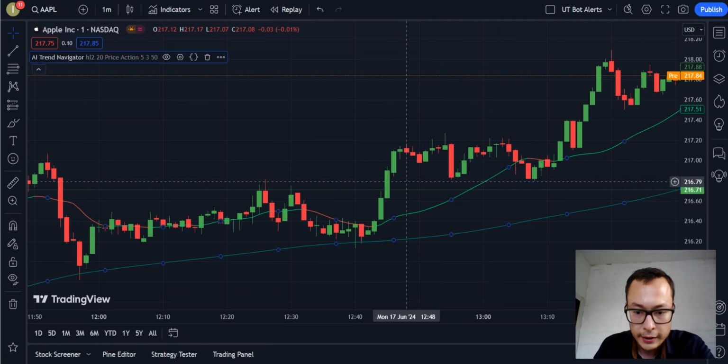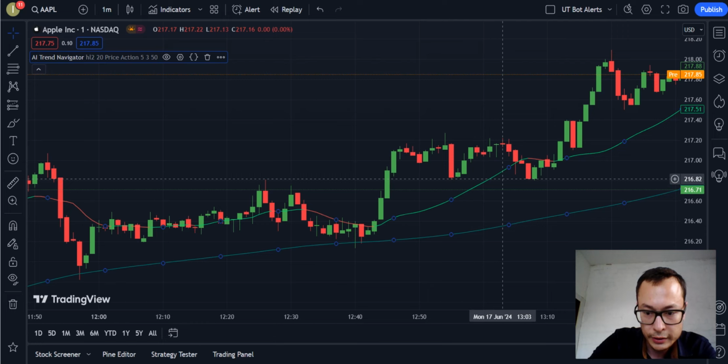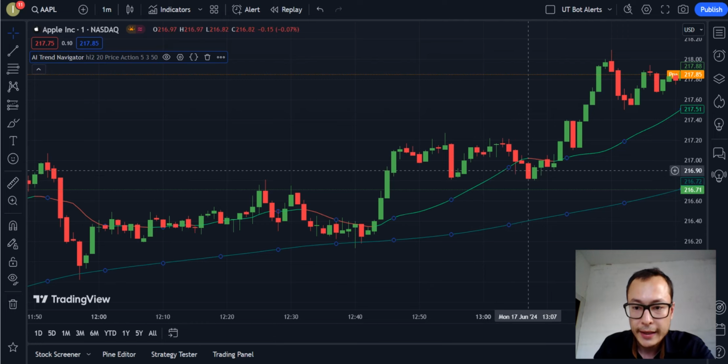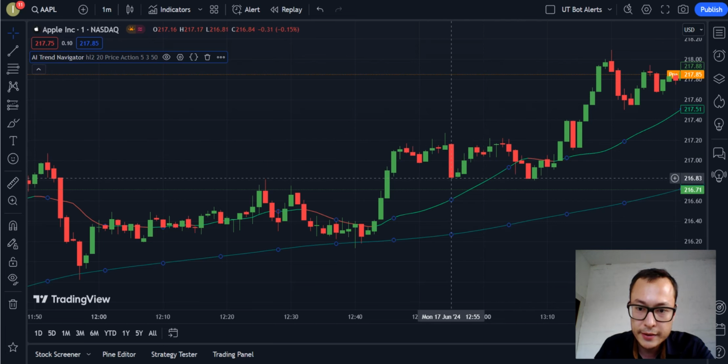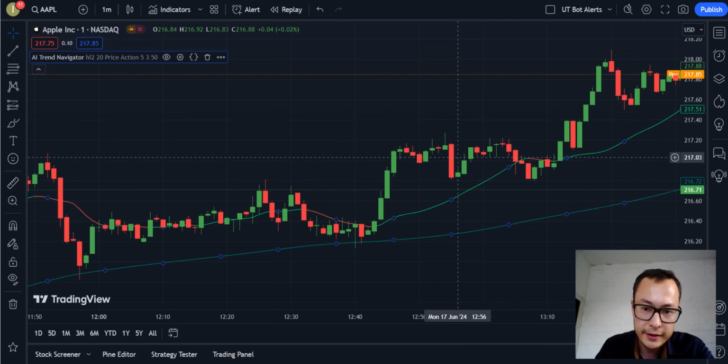Right now I'm hovering over June 17, 2024, 1:03 p.m. And each candlestick represents the price of the Apple stock for each minute.